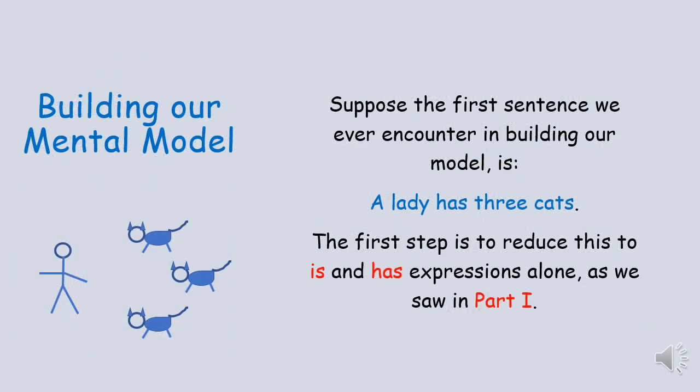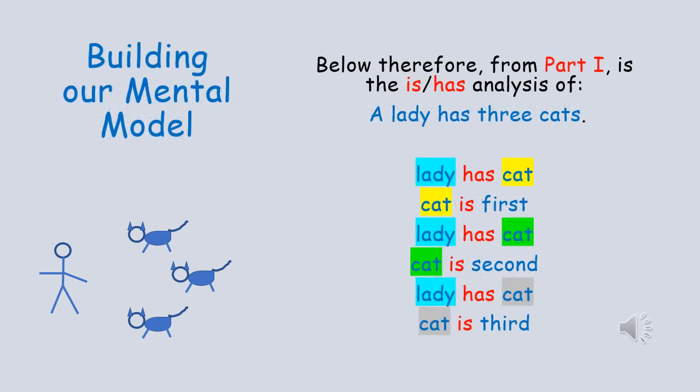Suppose the first sentence we ever encounter in building our model is, "A lady has 3 cats." The first step is to reduce this to is and has expressions alone, as we saw in the Part 1 lecture. Below, therefore, from Part 1 is the is-has analysis of "A lady has 3 cats."